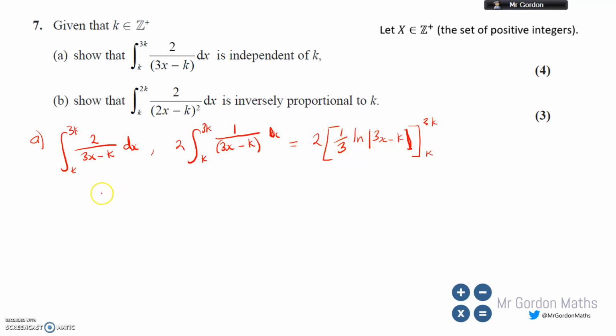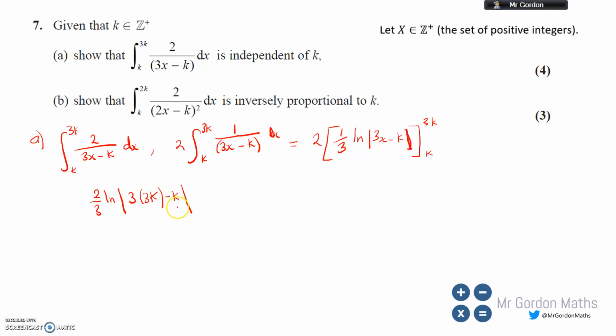So the first thing we put through is 2/3 ln of 3 lots of our first value of x, which is 3k, minus k.